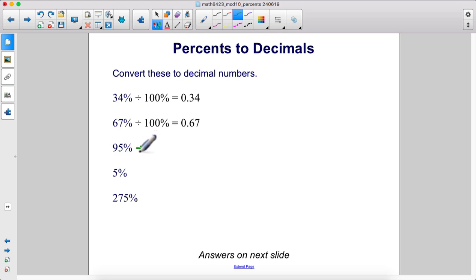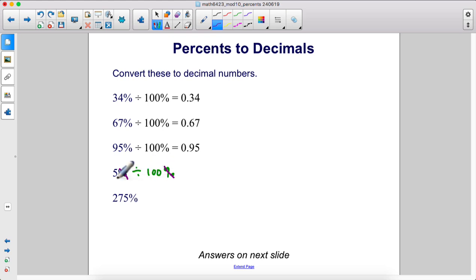95% divided by 100%. All right, the percent signs cancel. And because we're dividing by 100, we take that decimal, which currently is right here, and move it to the left 2 spots. 0.95. 5% divided by 100%. The percent signs are going to cancel. And then we have 5 with a decimal here.